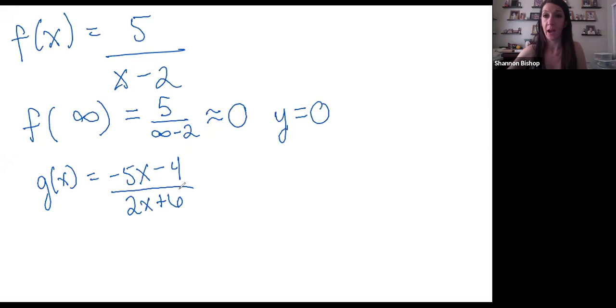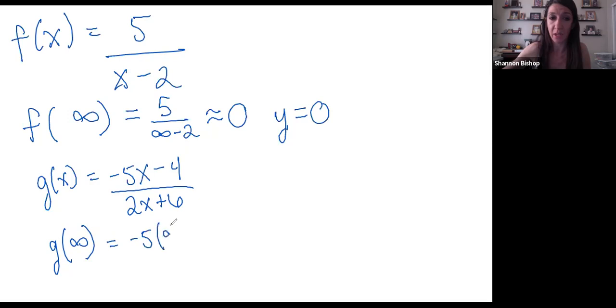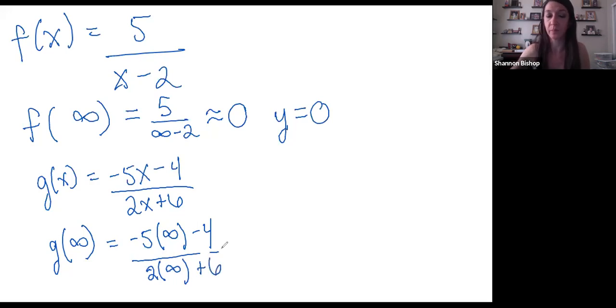Okay, now this one we used Desmos to estimate that it was at approximately -2.5. But check it out. If you imagine plugging in something huge, it would be like -5 times huge minus 4 divided by 2 times huge plus 6.